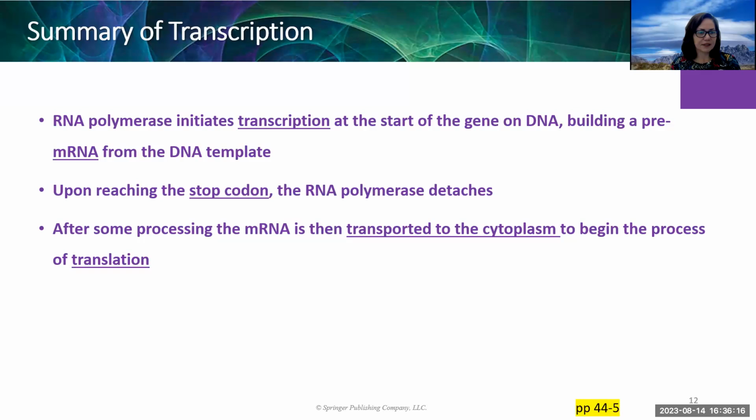Okay, let's see. We talked about how the whole point of having DNA is so that you can use that information for making proteins. But we can't go directly from DNA to protein. We have to go from DNA, transcribe it, to make RNA. This is the messenger RNA.